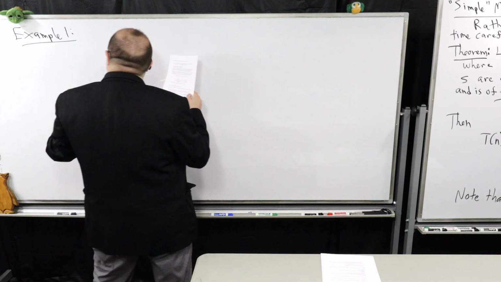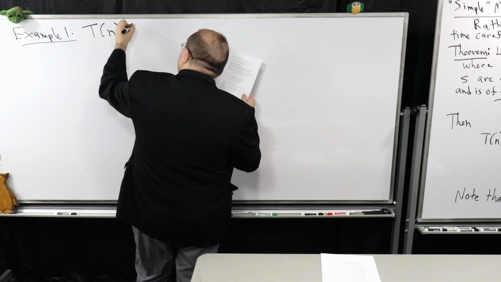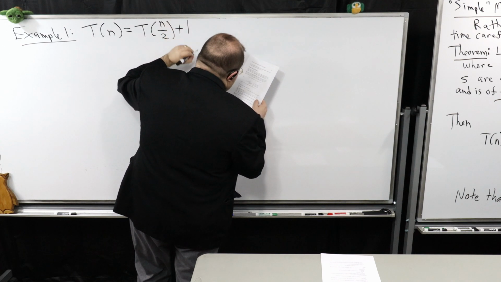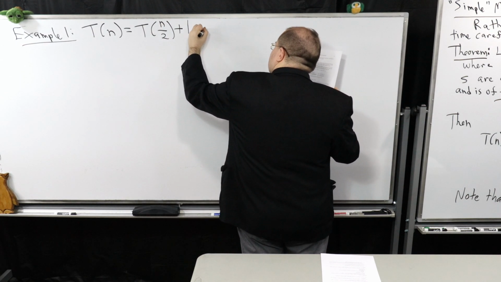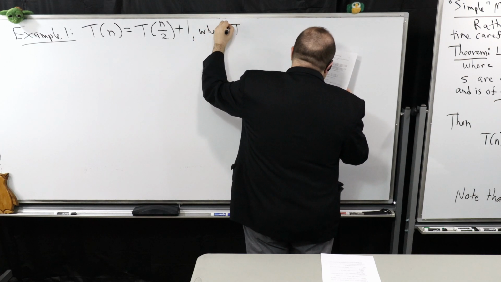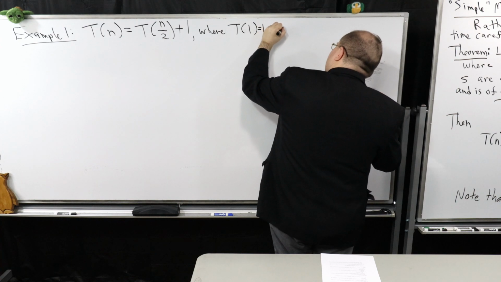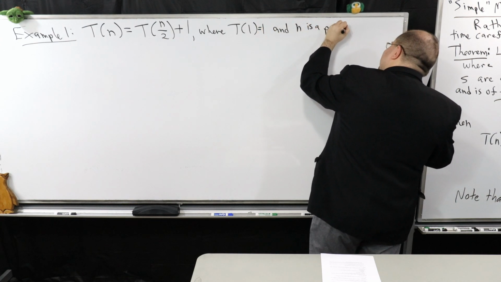So let's do an example. Let's consider when T of n is equal to T of n over 2 plus 1, where T of 1 is equal to 1 and n is a power of 2.